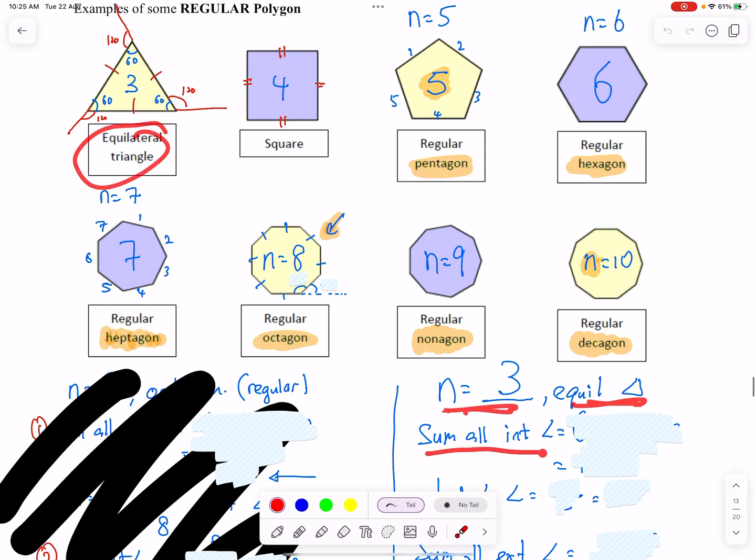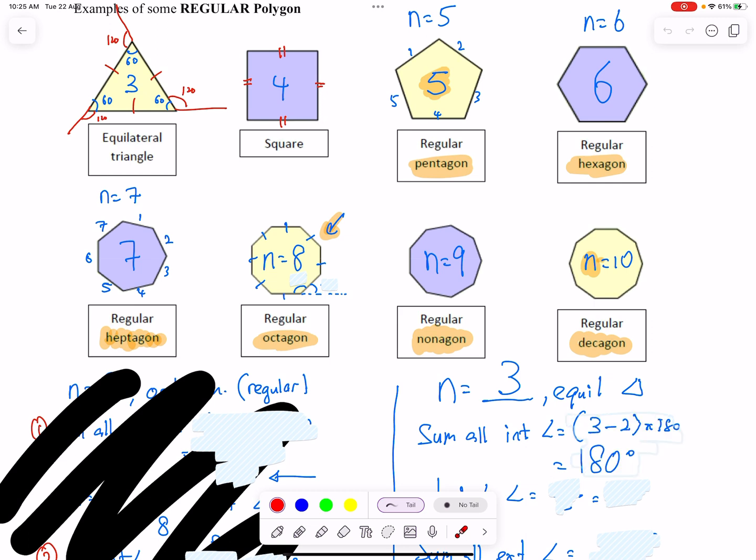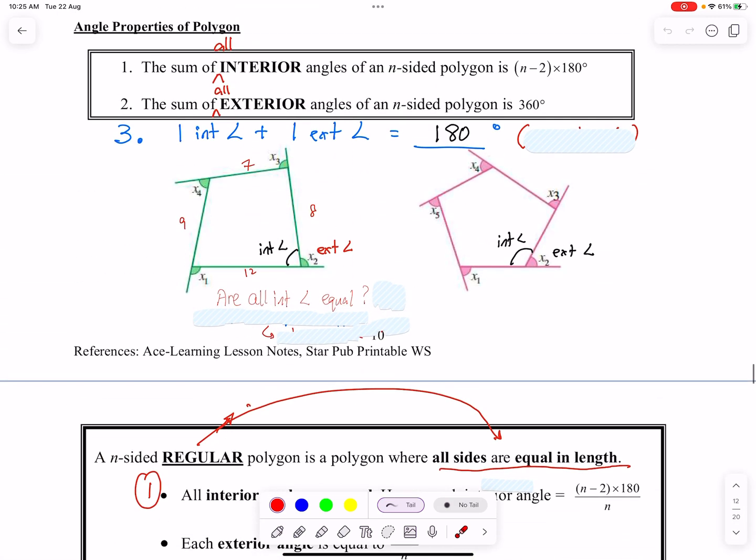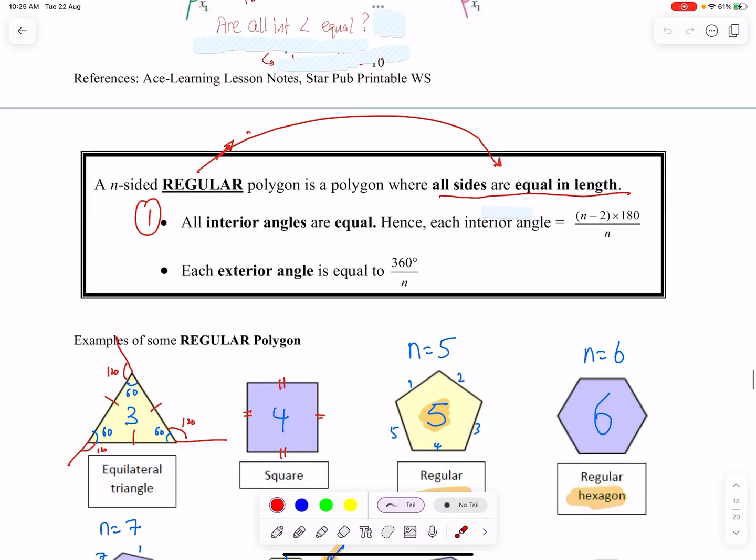Now, what is the sum of all the interior angles? Before you even know the formula, you already know the answer, right? We know that it is equal to 180. However, if I were to apply the formula with n equal to 3, the sum of the interior angles is n minus 2 times 180.